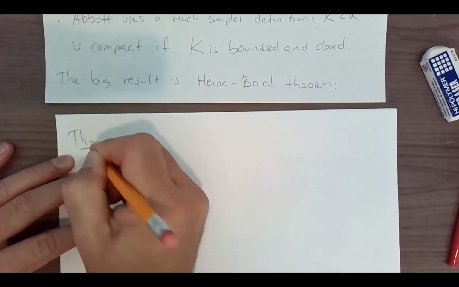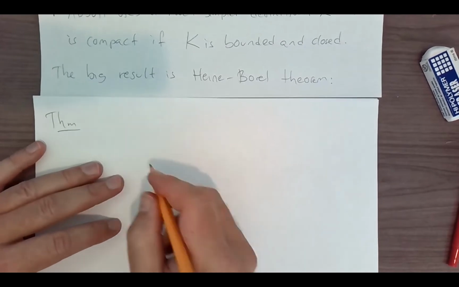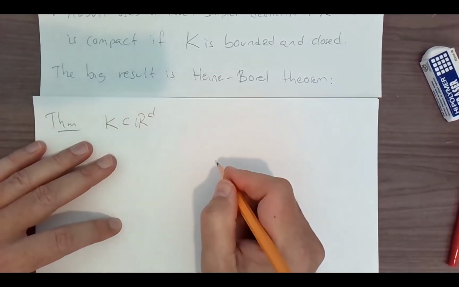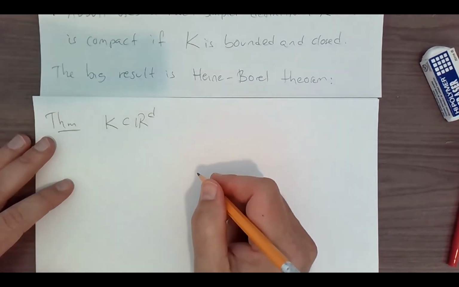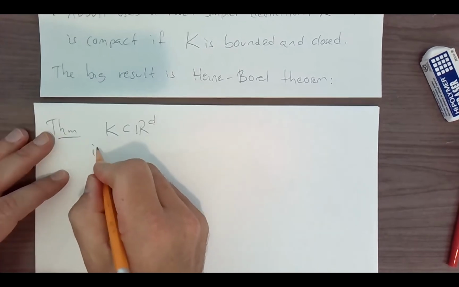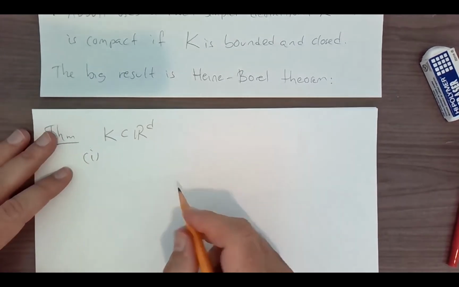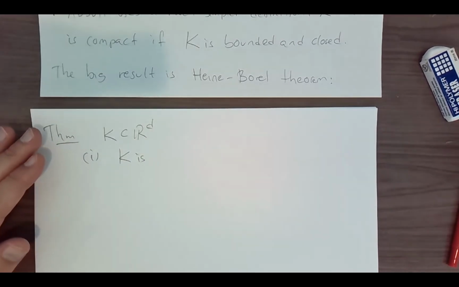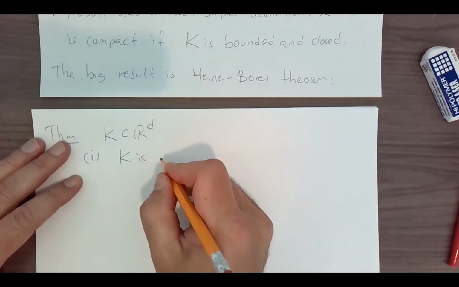Right, so this is the one. It says you take a set K in R^d. Then K is compact.